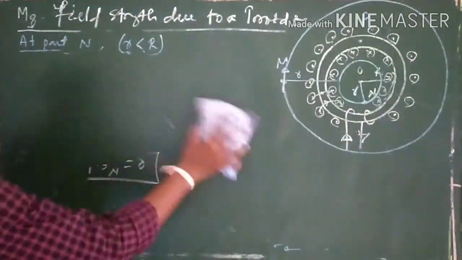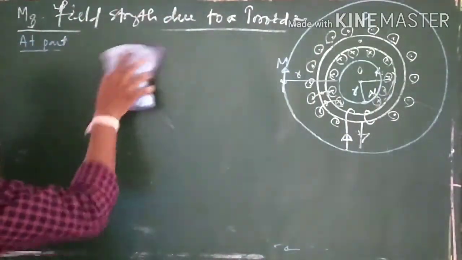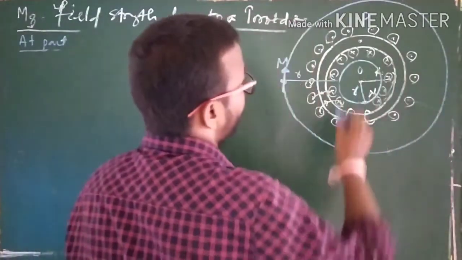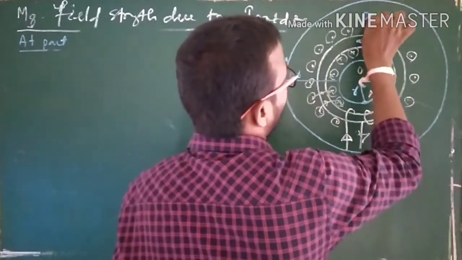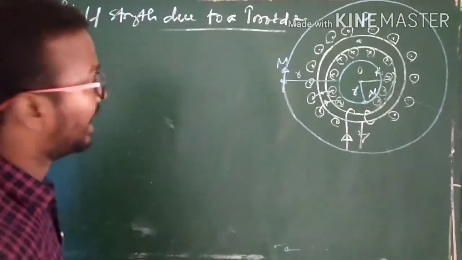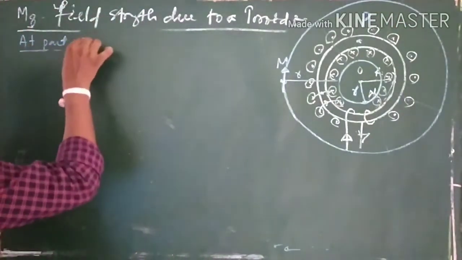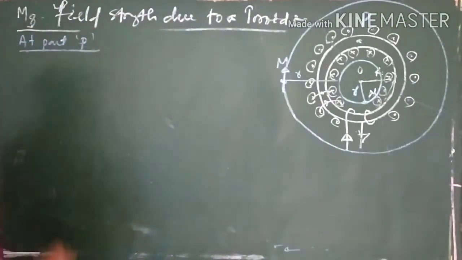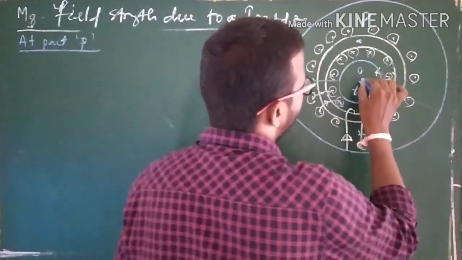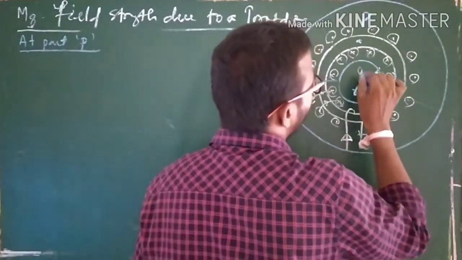Now we will come to the third point. Suppose there is a point P, where we have to find the magnetic field strength. So at point P we have to find the magnetic field strength, and suppose this distance is r.